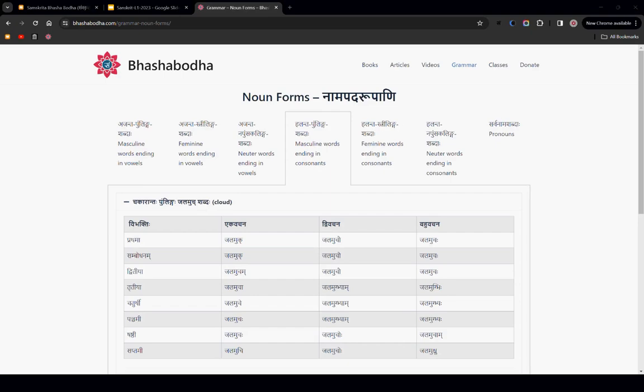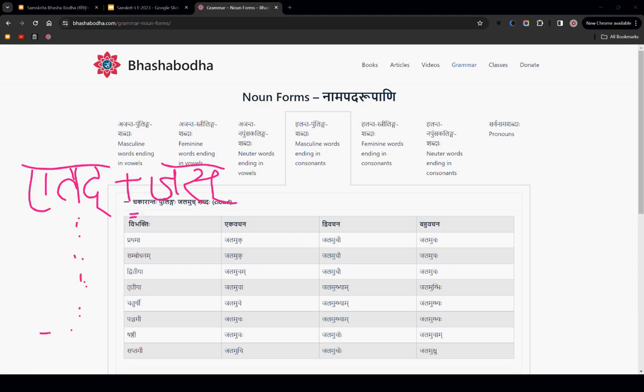For example, etad plus jas. Immediately there is no sandhi happening, because the first process, as per the Ashtadhyayi sutras, should happen.